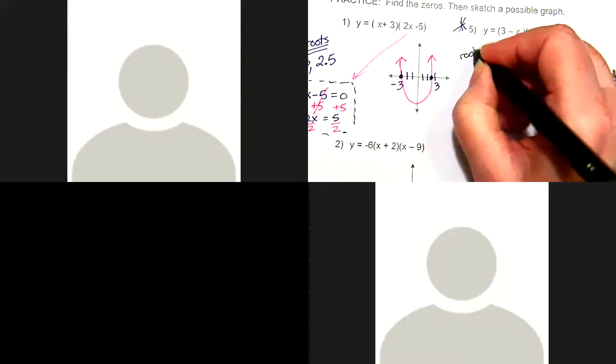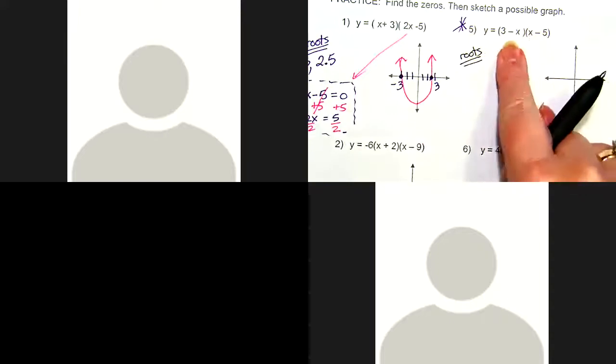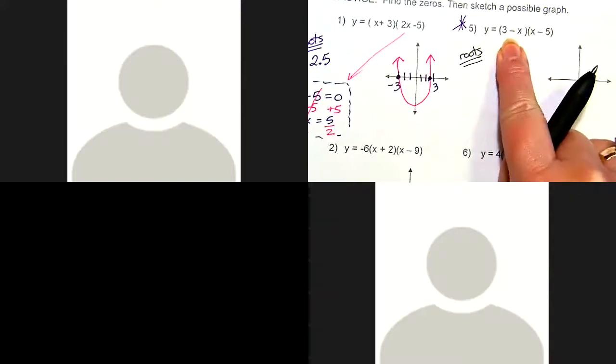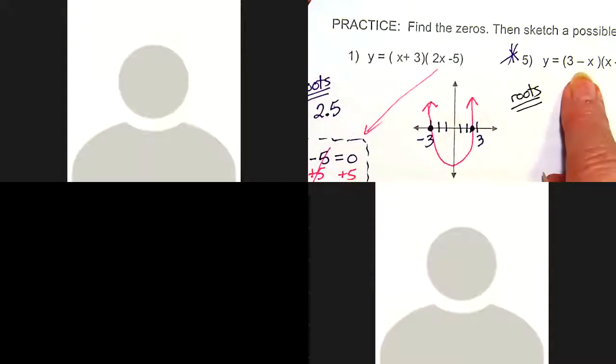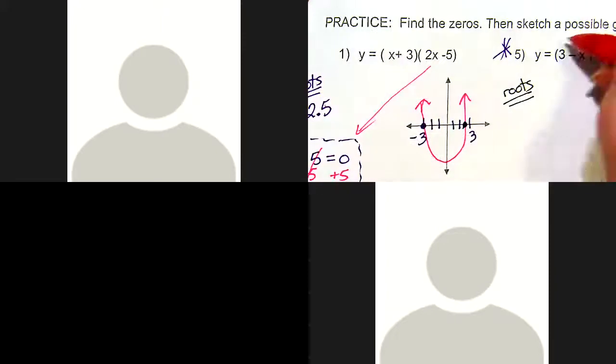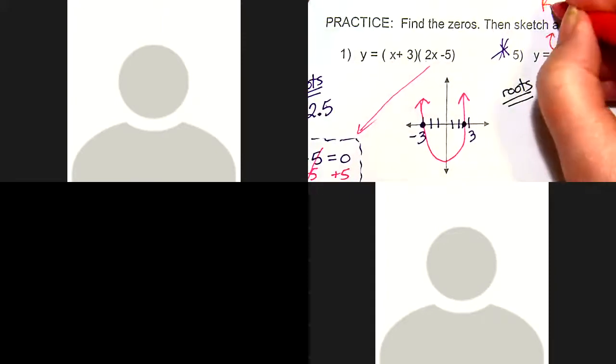So what are the roots for this one? What looks funny about that first one? There's something unusual about the 3. What I think about this one is that it's backwards.